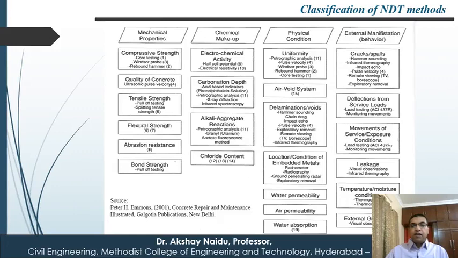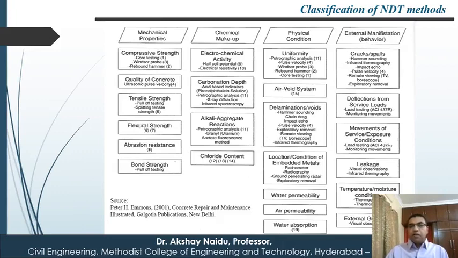Then petrographic analysis, X-ray diffraction, infrared spectroscopy. These are increasingly costly tests, but the simple lab test is acid-base indicators. Then for alkali aggregate reactions, we have again petrographic analysis, uranyl acetate fluorescence method, and then chloride content determination.